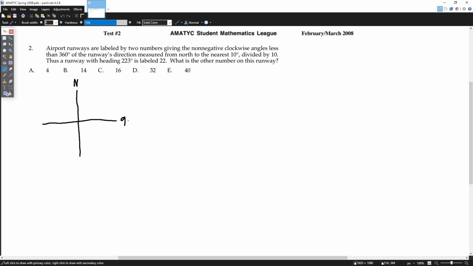So then we can label it 90, 180, 270, and back to north would be 360, but we want less than 360. So let's find 223. That's going to be somewhere around here.